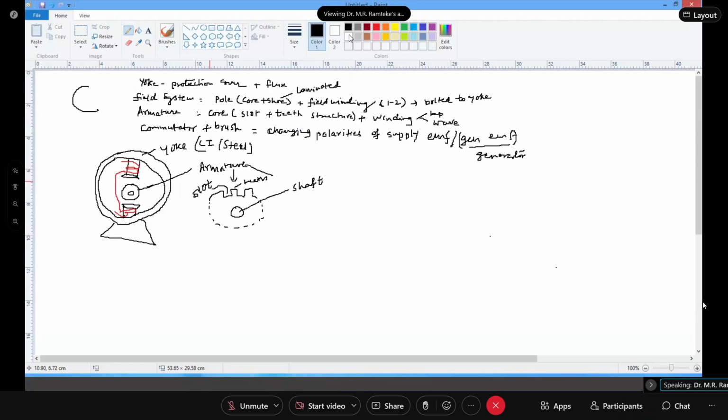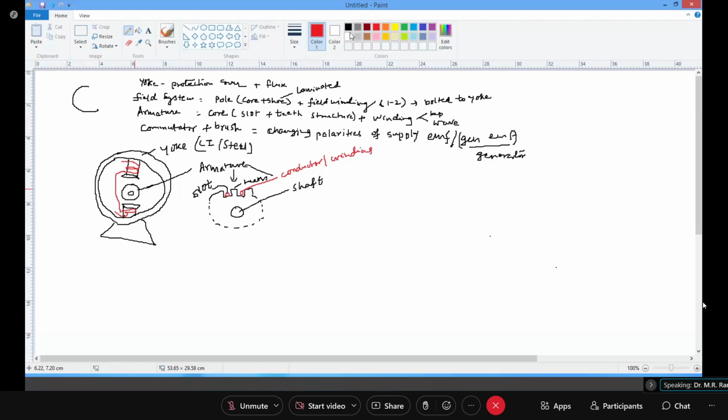In the slot you have a winding. So here I'll be putting windings like this. So this is a coil or a conductor or a winding, whatever you call. So this is the structure of the armature.